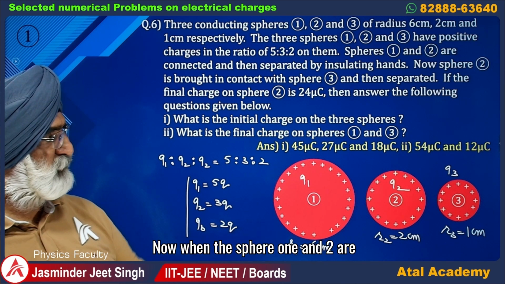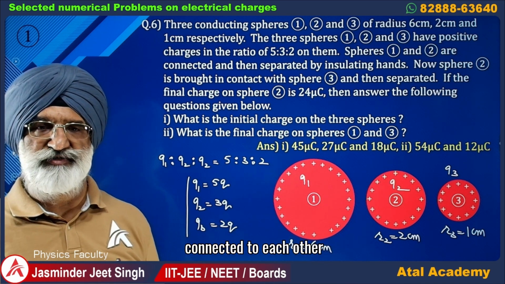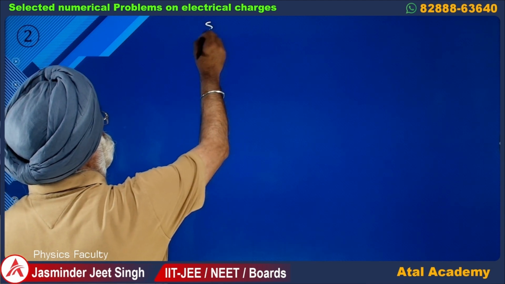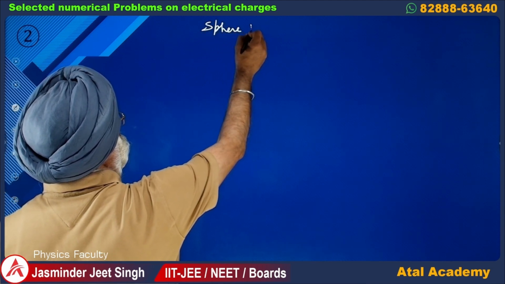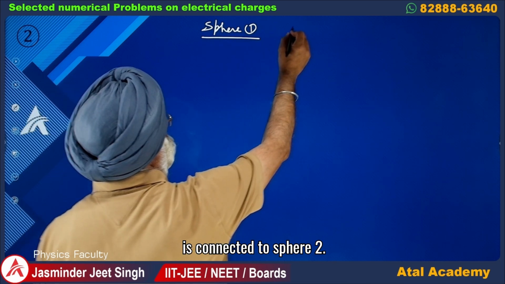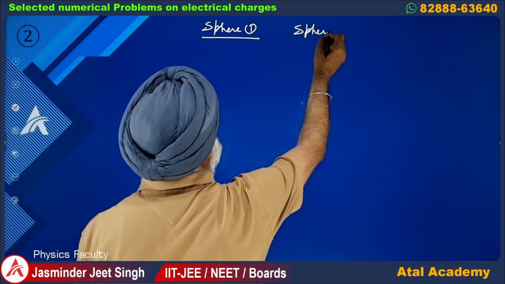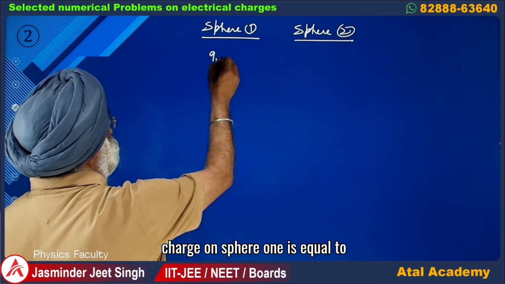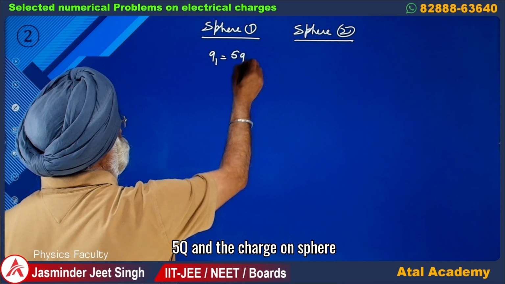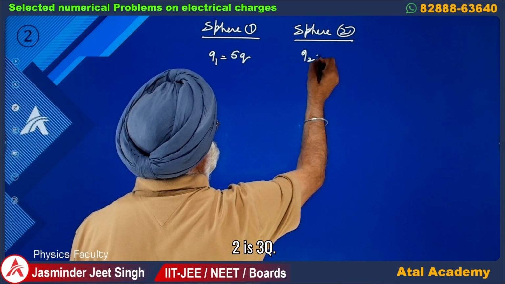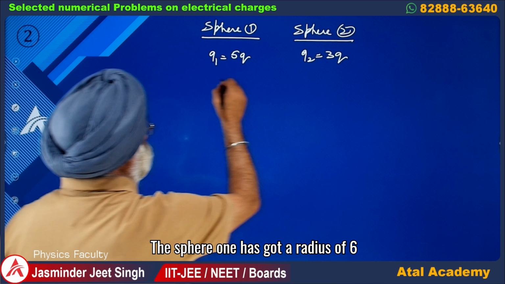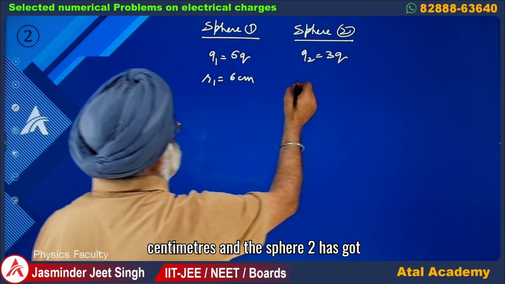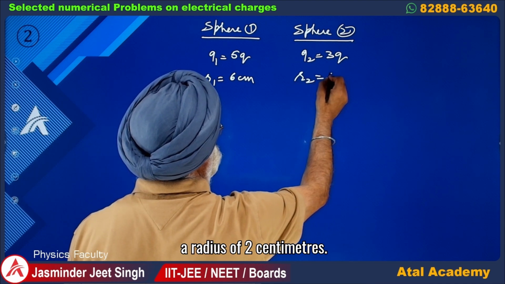Now when the sphere 1 and 2 are connected to each other, what will happen? Sphere 1 is connected to sphere 2. The charge on sphere 1 is equal to 5Q and the charge on sphere 2 is 3Q. The sphere 1 has got a radius of 6 cm and the sphere 2 has got a radius of 2 cm.